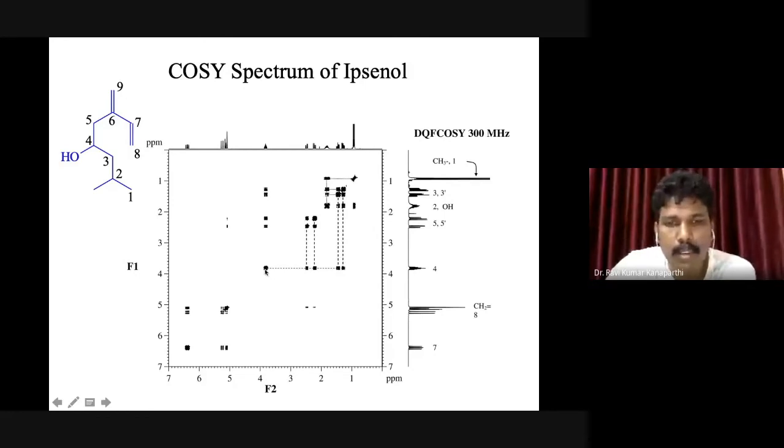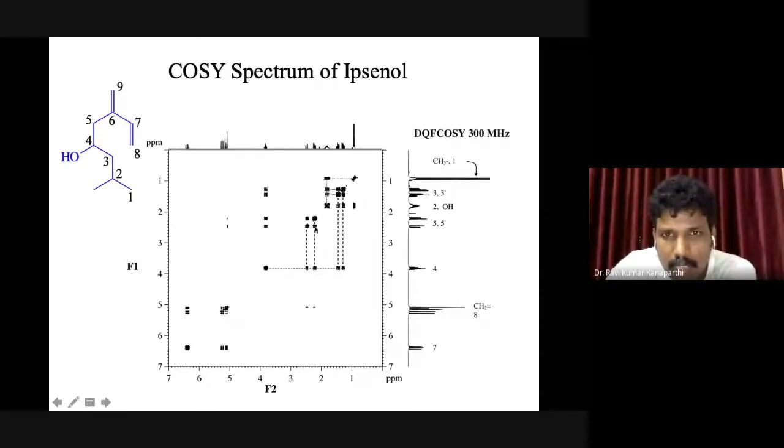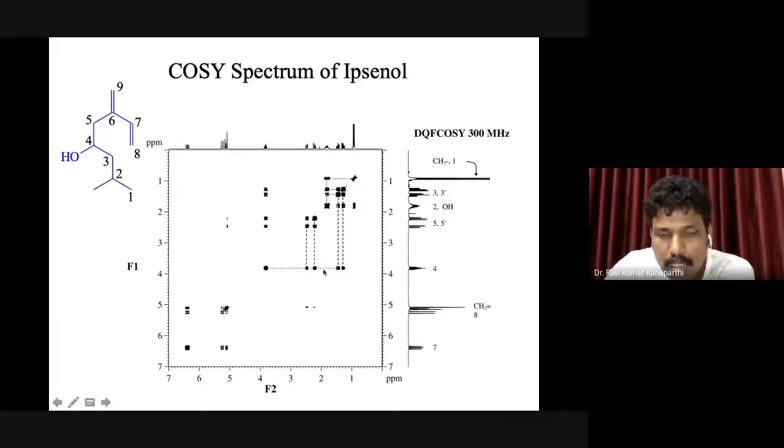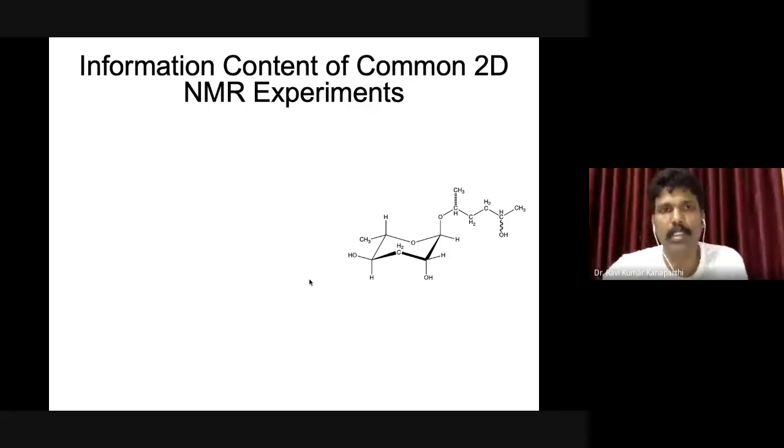You draw the horizontal line here, and then the vertical line, and it is matching. Similarly here it is matching, and here too. Each matching means there is a correlation. That information is very much appreciated.